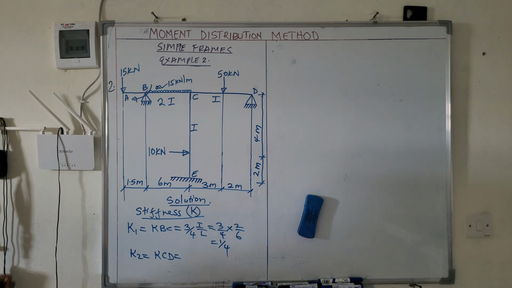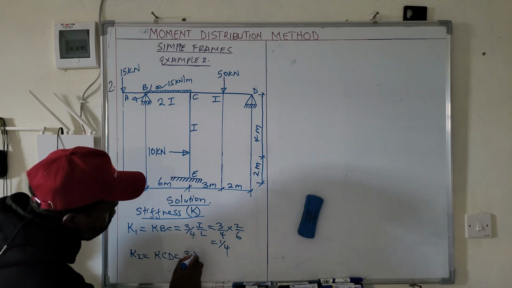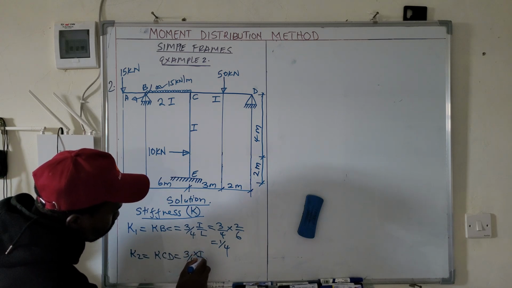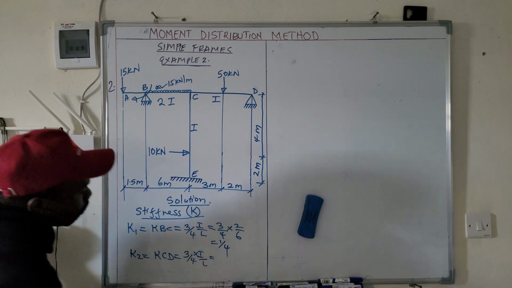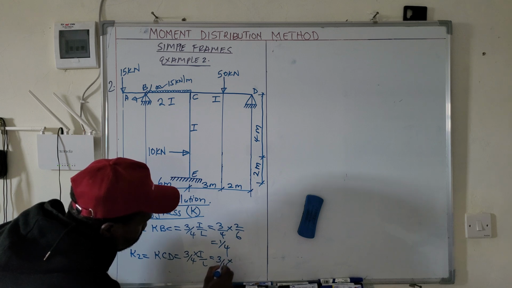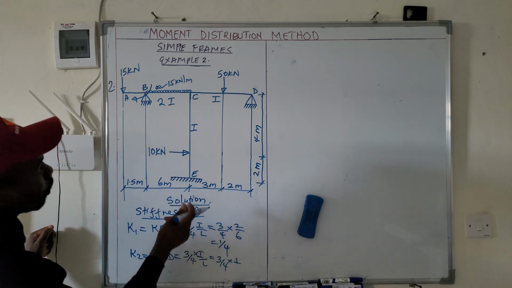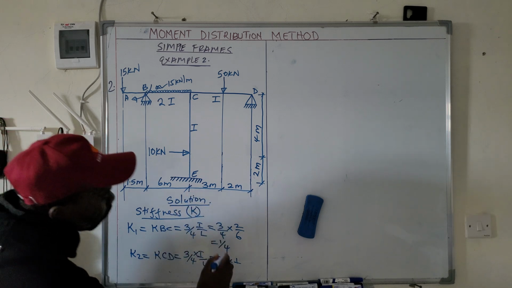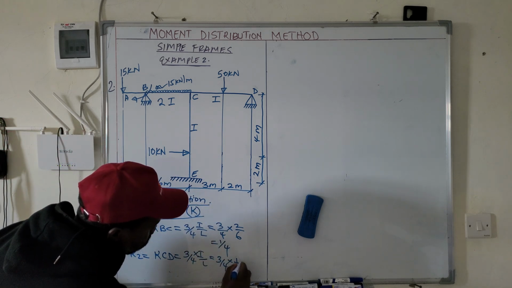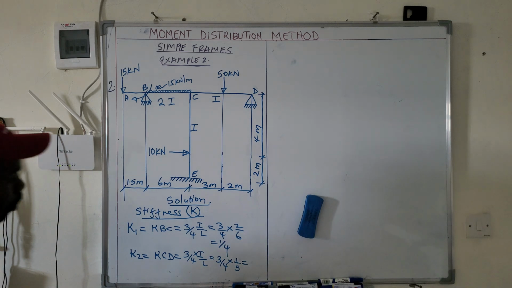So we will use 3 over 4 times I over L. So 3 over 4 times I, which is 1, over L, 3 plus 2, 5. So this one will be 3 over 20, like that.